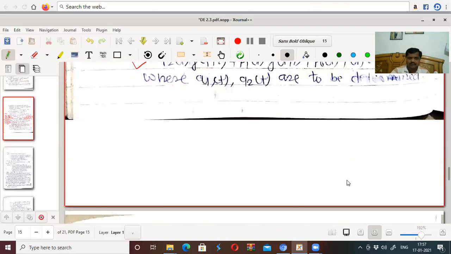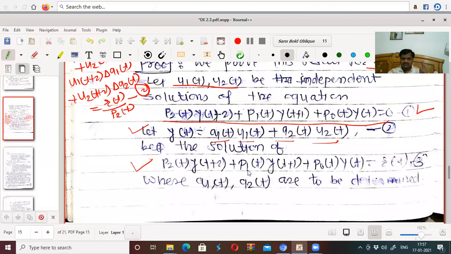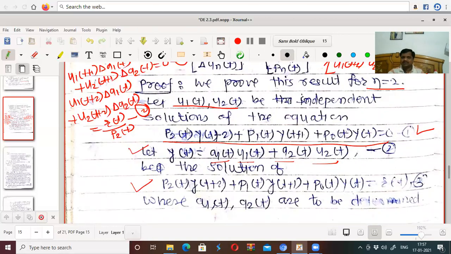We will prove this. So what we have considered: suppose the second order homogeneous equation, and consider u1(t) and u2(t) are two linearly independent solutions of this homogeneous equation. Moreover, suppose that y(t), which is equal to a1(t) u1(t) + a2(t) u2(t), is the solution of the non-homogeneous equation.